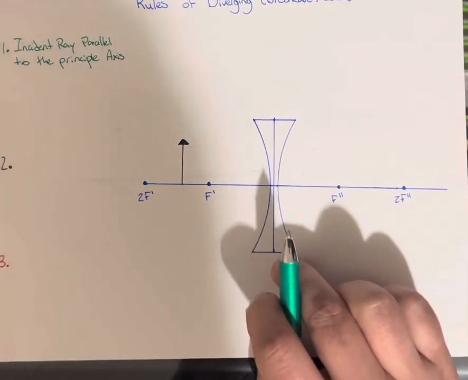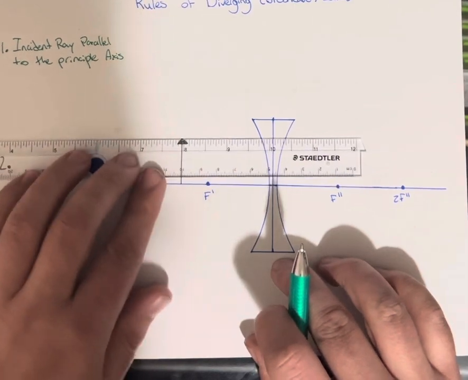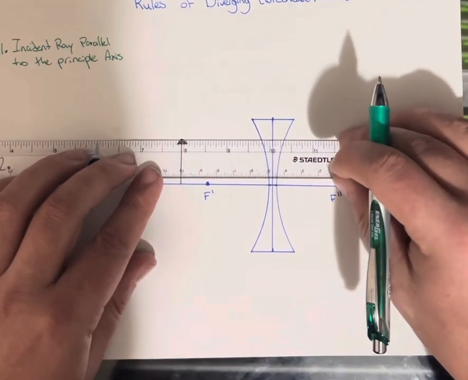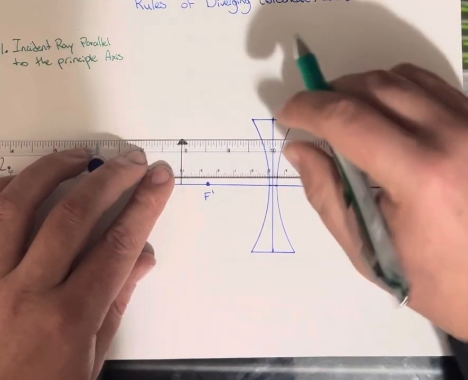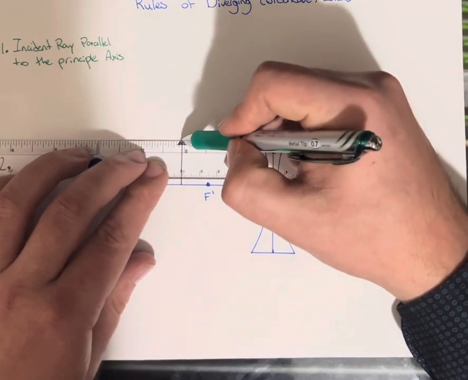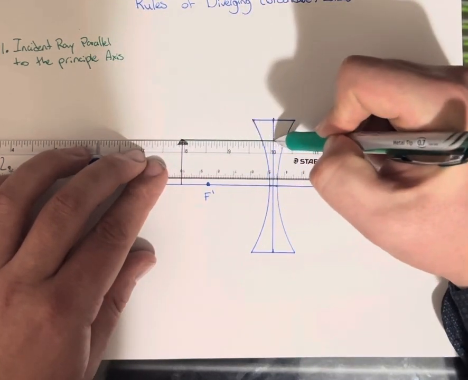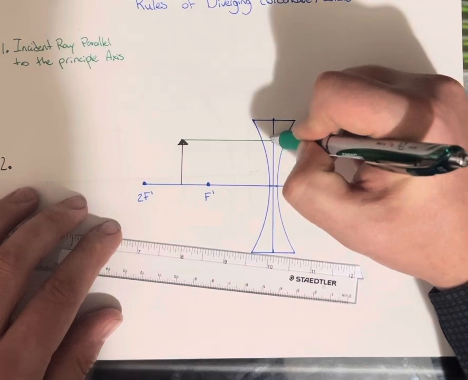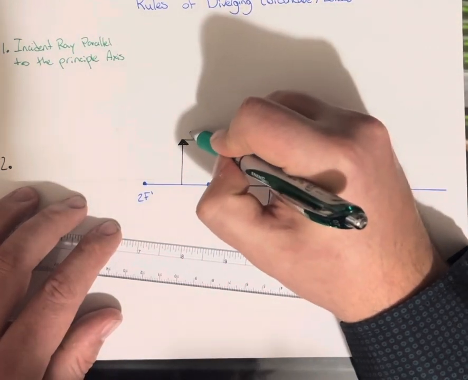So if I have a ray that is coming parallel to the principal axis from the point of my object, starting at the point of the object, trying to make it as parallel as possible, coming into that individual lens. Right, so again, this here is an incident ray.